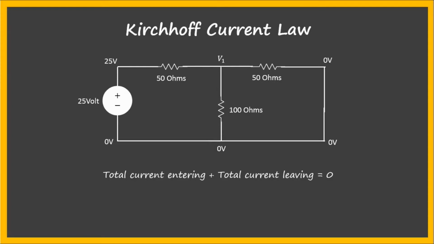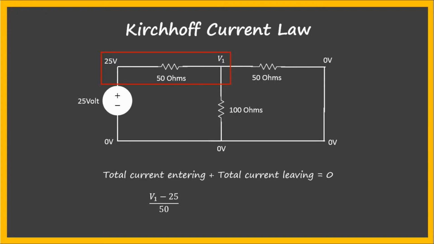Before writing the first term, remember Ohm's law to calculate the current, which is simply voltage divided by the resistance. For the first term, the voltage difference across the 50 ohm resistance is V1 minus 25 volt divided by the 50 ohm resistance. This is the first current.